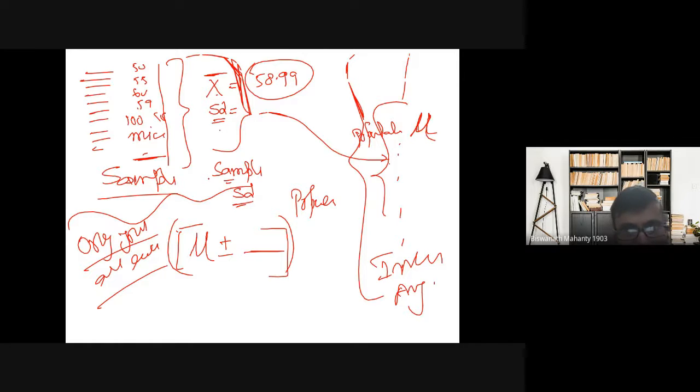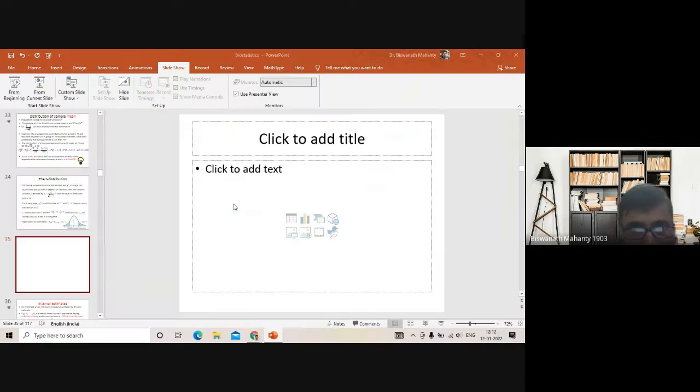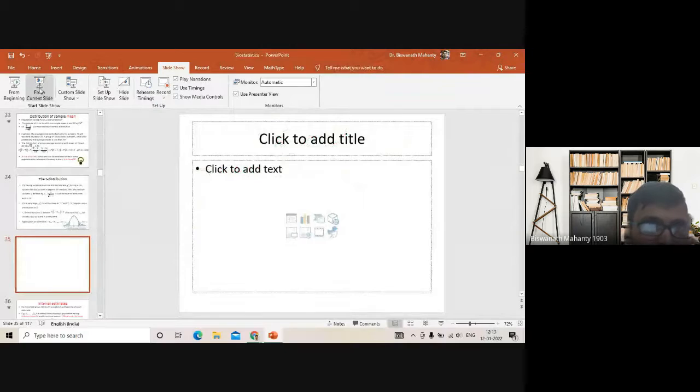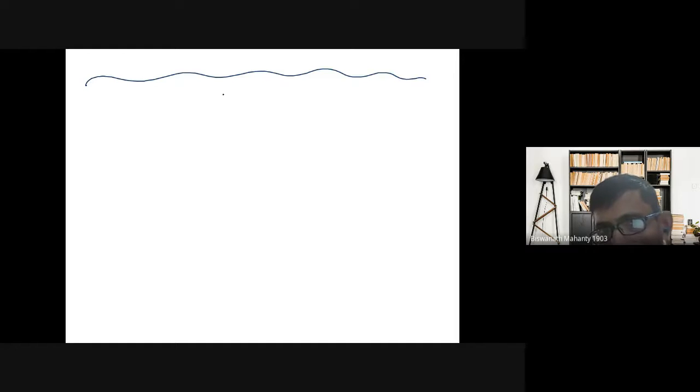I'll just remove it and redraw once again. Assume that I am having a very big population whose mean is mu, and variance is sigma square.